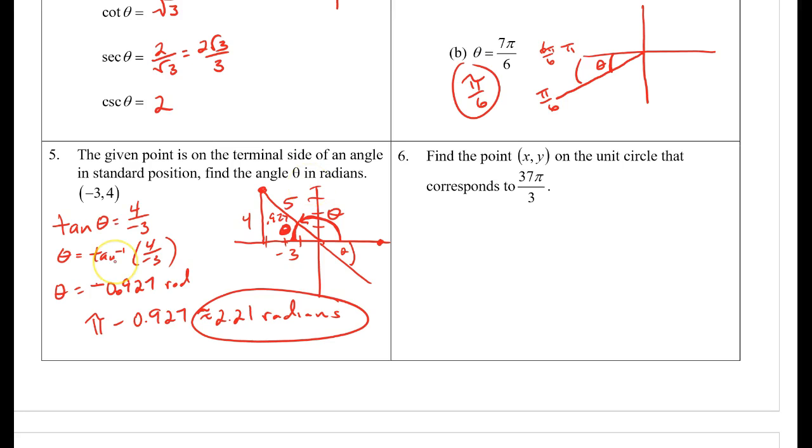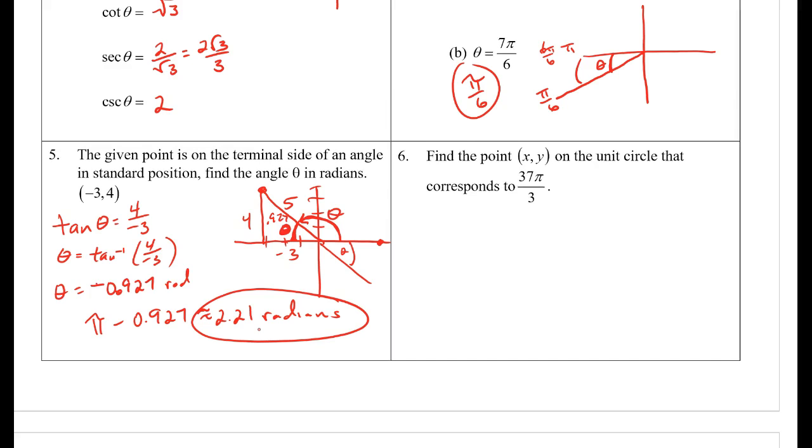So if we did inverse cosine of negative 3/5, it's going to give us the correct radian right away. So if we just pick the trig function a little bit smarter, it's going to give us the value that we're looking for right away without having to do this extra work. But regardless, we can get there.